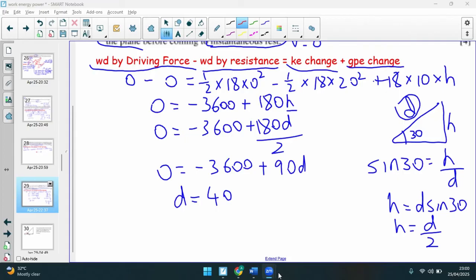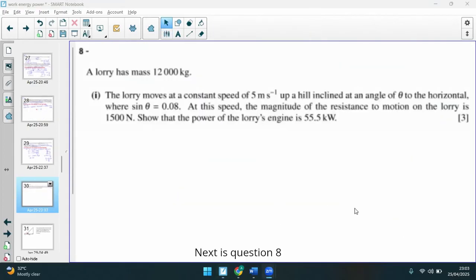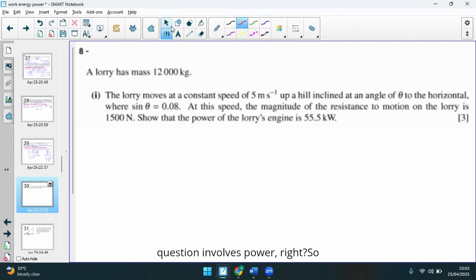Next is question 8 from the same document. Okay, so here this question involves power, right? So this is the power formula. Power equals driving force times velocity.